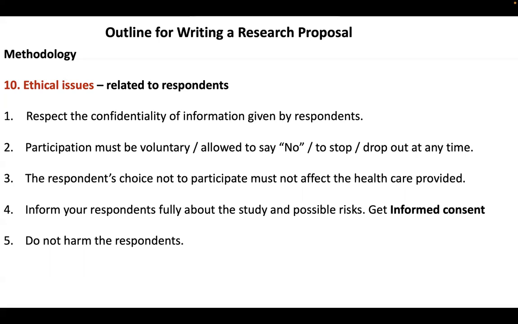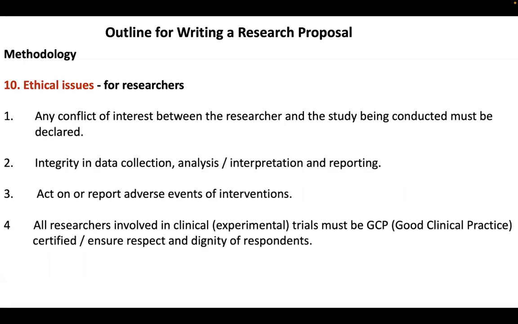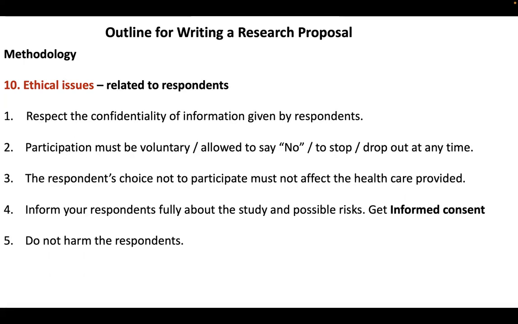And you have to inform them that we are not using these for any other purpose. Informed consent means all information about the research and how their data will be used. You have to tell them that the information we get from the research may be published, but your name or identifiable information will not be published. That's informed consent.